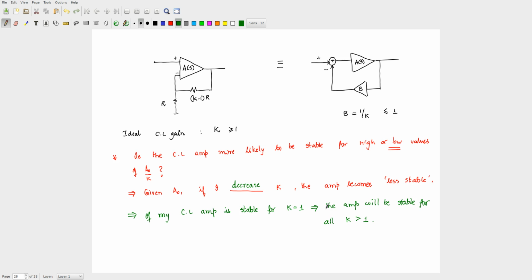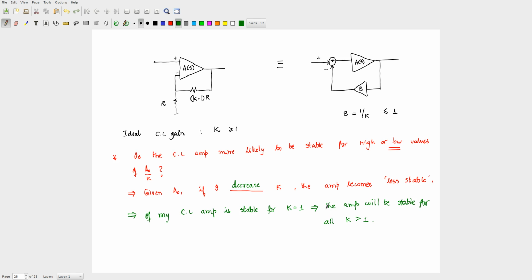Okay, all right. So when you buy an op amp, the manufacturer does not know what is the value of k that you are going to put. You may want to have a non-inverting amplifier of gain 10, gain 100, gain 1000, whatever, but he does not know that. So what is the value for which they can compensate your circuit? 1.